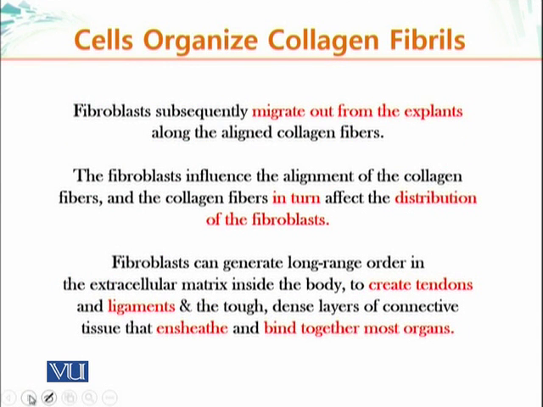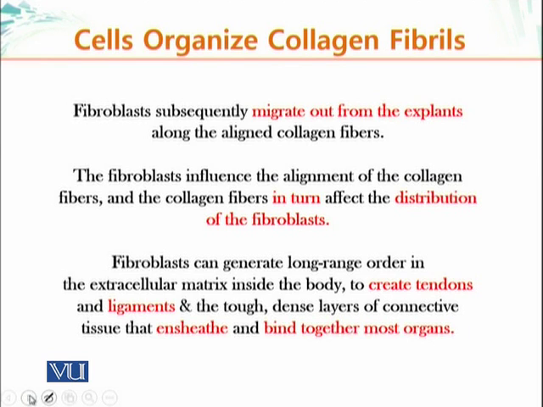The fibroblasts, again, influence the alignment of collagen fibers, and in turn, collagen fibers affect the distribution of fibroblasts. Initially, they were just present in those explants we saw in the micrograph, but after the collagen has been oriented properly, the cells start moving on the newly oriented collagen substrate.